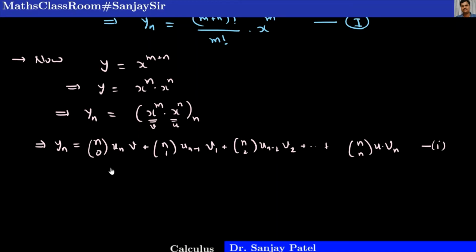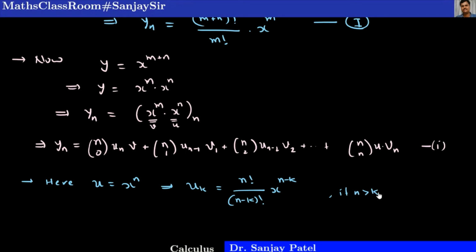Now let us recall the formula how to write this un and v1, v2, v3. Here we have u is equal to x raised to n, so its kth derivative is given by n factorial upon n minus k factorial into x raised to n minus k if n is greater than k.